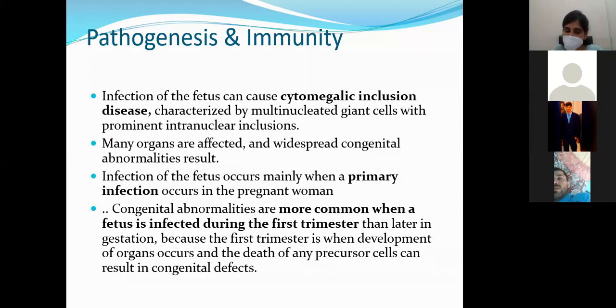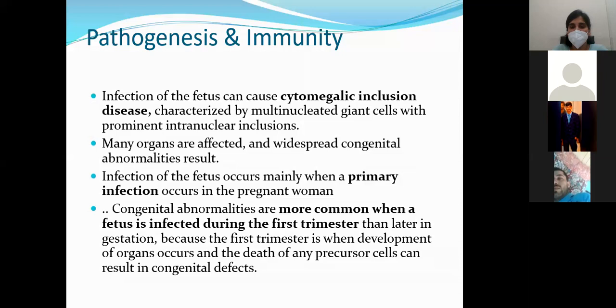When we studied the diagnosis of herpes simplex virus 1 or varicella zoster virus, I told you that when you see the vesicles, at the base of the vesicles you will find the multinucleated giant cells. Similarly, in cytomegalic inclusion disease you will have intranuclear inclusions with multinucleated giant cells, while in herpes simplex or varicella zoster infections you will find the multinucleated giant cells at the base of the vesicle.